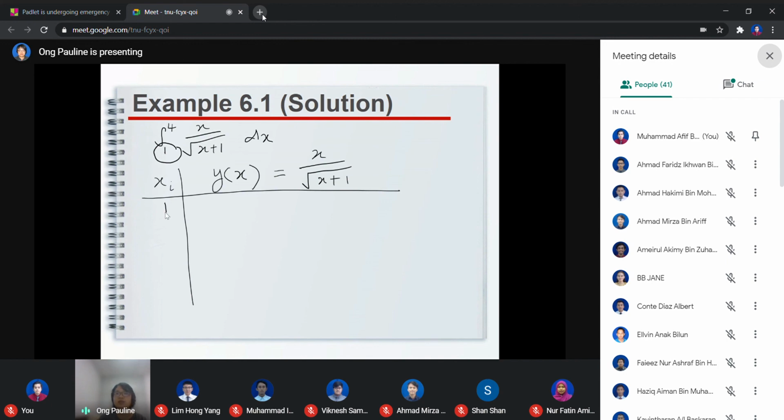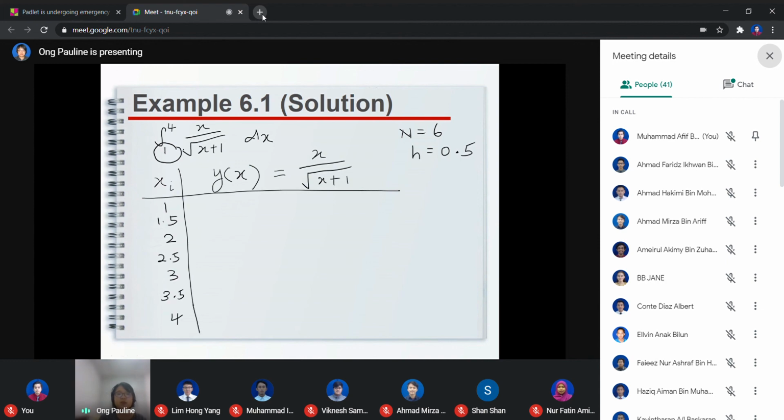Previously we know that if I let my n be 6, I get h as 0.5. That means every subsequent value of x we just add 0.5. So I have 1.5, 2, 2.5, 3, 3.5, and 4 here.